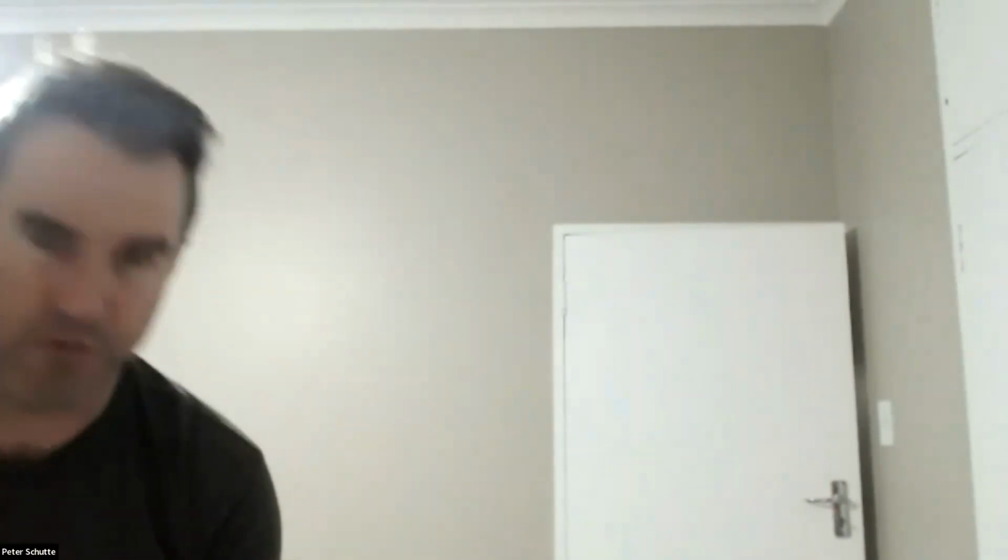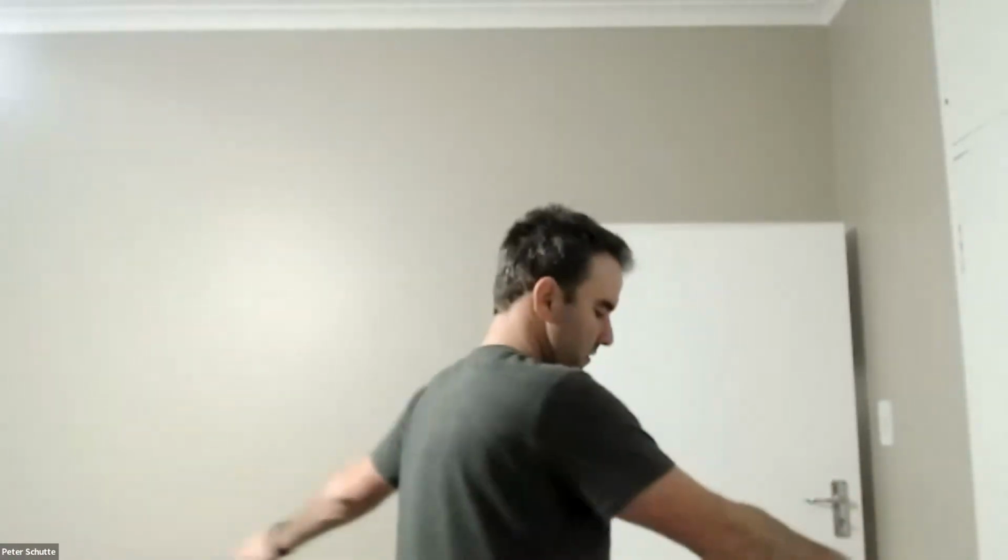So I want everyone to turn on their cameras and stand up and feel human for a second, feel some of the muscles in your body. We're just going to start with anything that relaxes you. Whatever unwinds you, I like to literally unwind, but you can do whatever floats your boat. Let's roll the shoulders.